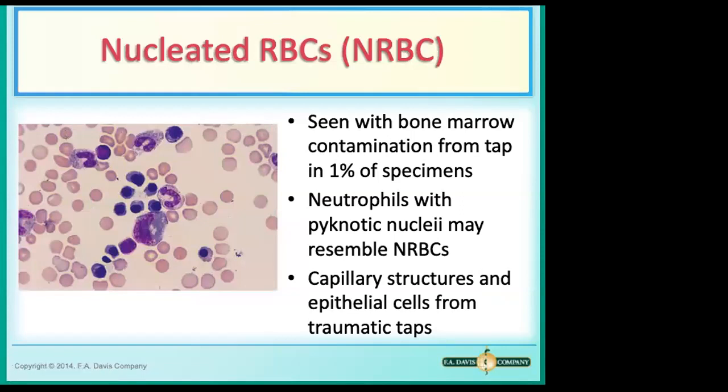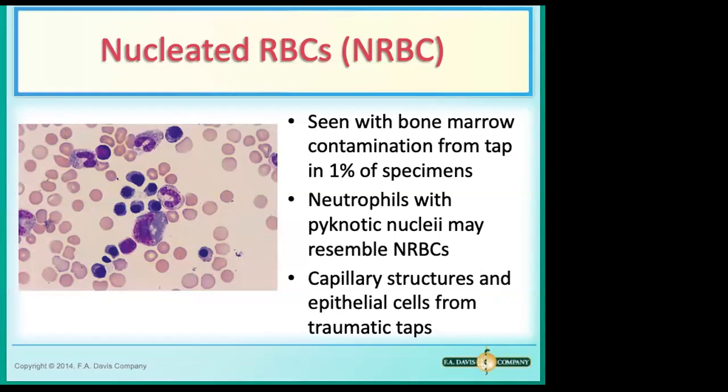Another type of cell that you may encounter when you're looking at these differential counts in the CSF is nucleated red blood cells. Okay, so that happens when there is contamination with the bone marrow.